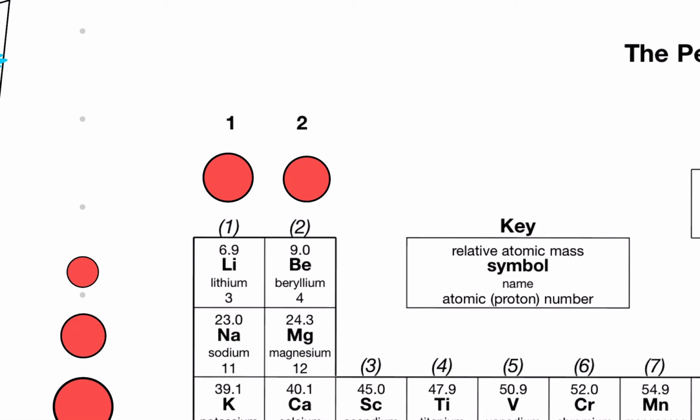Beryllium is going to have a 2+ charge. So the charge density of beryllium is going to be much, much higher because we've got a slightly smaller volume and we've got double the charge. So for both of those reasons, the attraction between the delocalized electrons and the positive metal ions is going to be much stronger, therefore more energy required to overcome the forces.